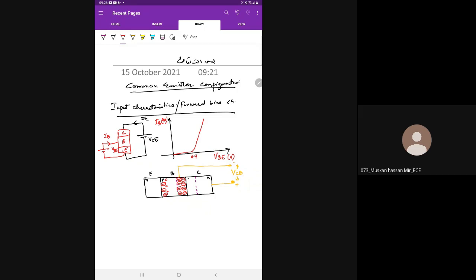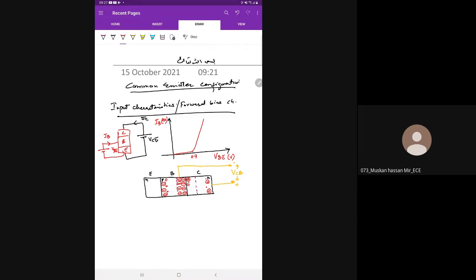Similarly, in N-type semiconductor, we will have donor atoms donating an electron, and in the depletion region there will be only donor atoms.